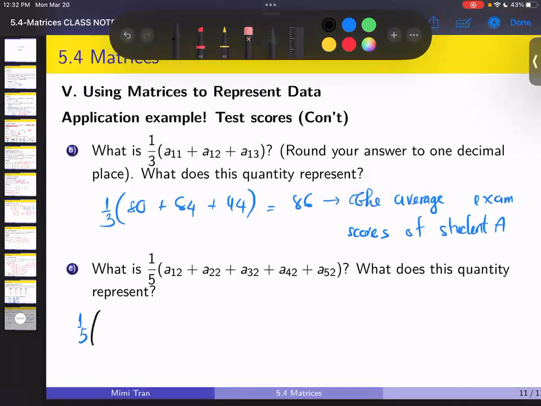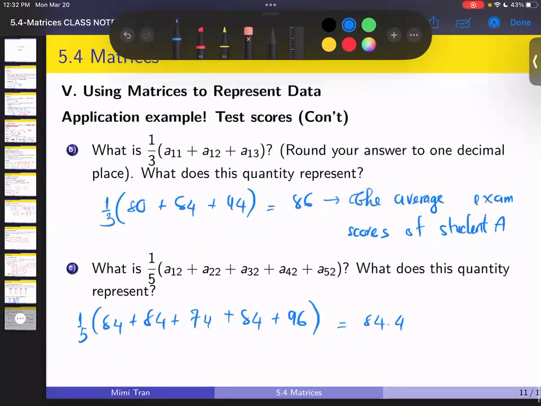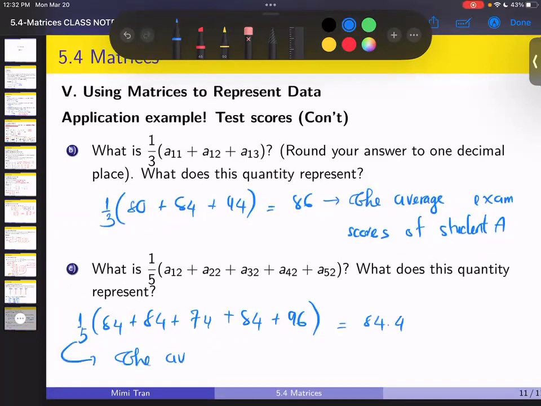So 1/5 times 84 plus 84 plus 74 plus 90 plus 84 again plus 96. Let me give you a happy ending, 84.4. And this is the average of what? Test 2. Yeah, test 2. All right, so that's easy. Like I said, this slide is really easy.